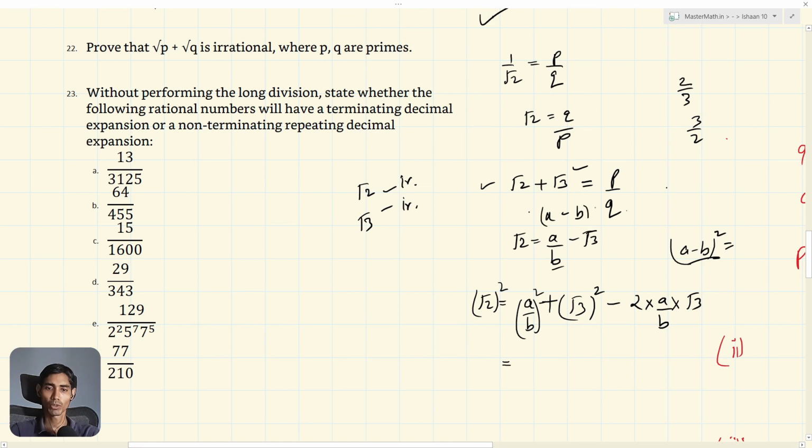How do we do a minus b whole square? a square plus b square minus 2 into a into b, right? If you are getting confused, just assume it to be x minus y whole square. So this is x, this is y. x is a by b. So x square plus y square minus 2 into x into y. Does that make sense?